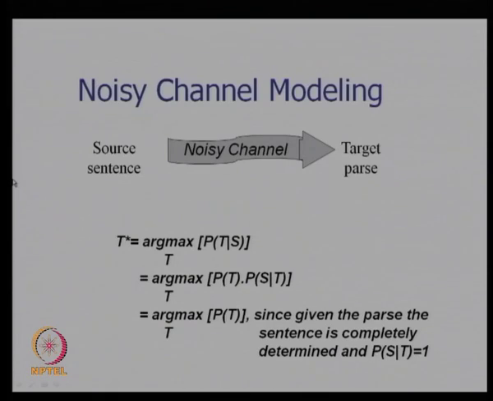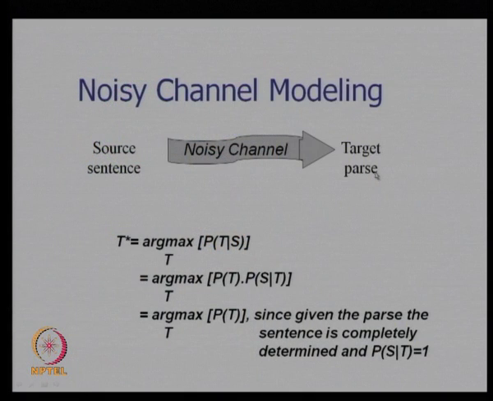Now, we are discussing probabilistic parsing. In probabilistic parsing, what we are interested in is the probability of a parse tree. In probabilistic parsing, the entity of interest is the probability of the parse tree. And as in other branches of statistical natural language processing, we make use of what is called the noisy channel model, which is shown in the slide.